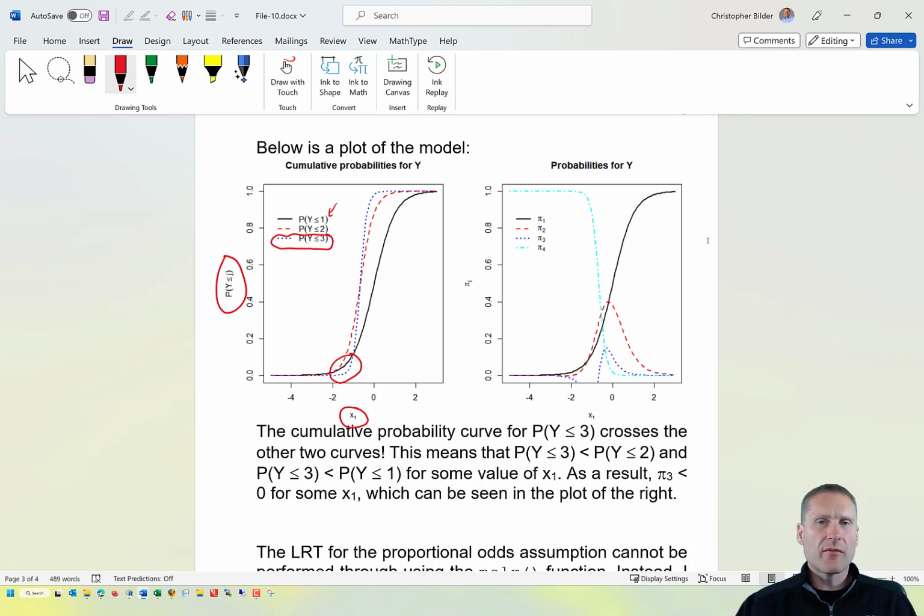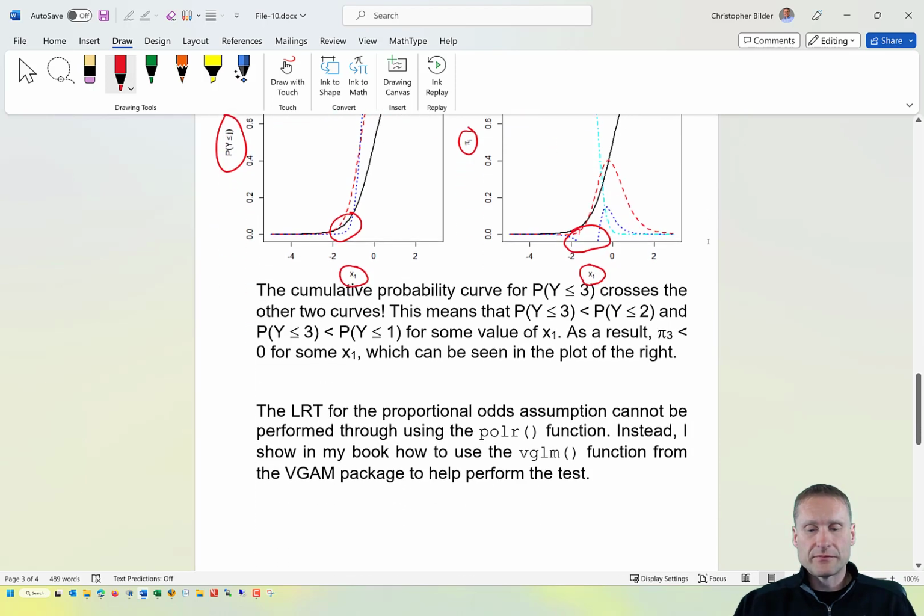And it's even more dramatic when we look at the plot on the right side. I have pi sub j here on the y-axis, again values of x sub 1 on the x-axis. Look what happens here. For pi sub 3, it actually becomes negative and goes off the plot. Can't have negative probabilities. So that is a problem with using a non-proportional odds regression model.